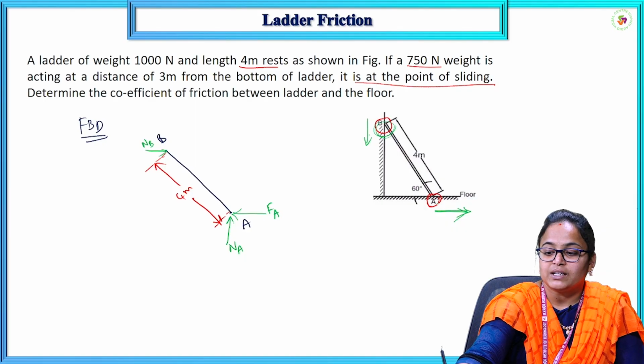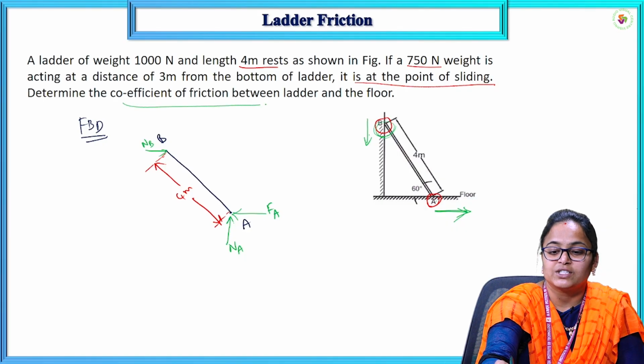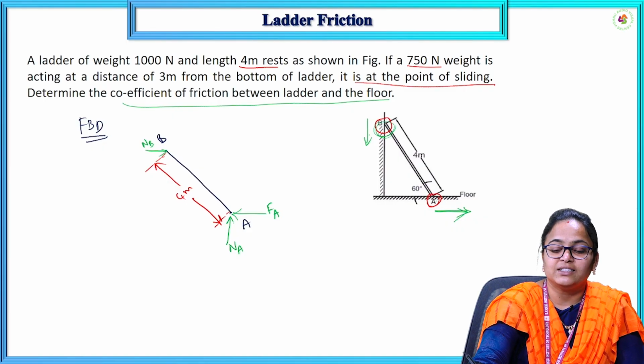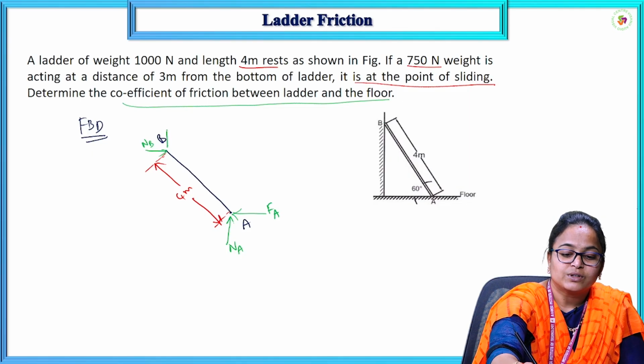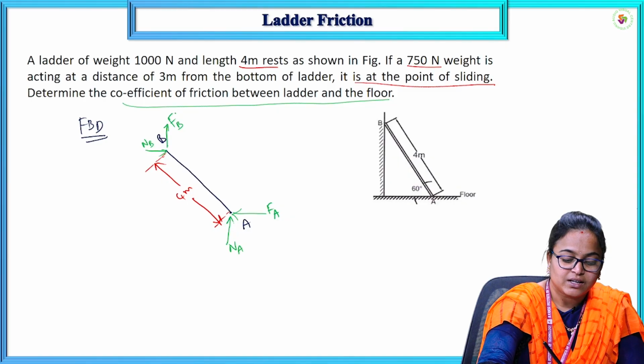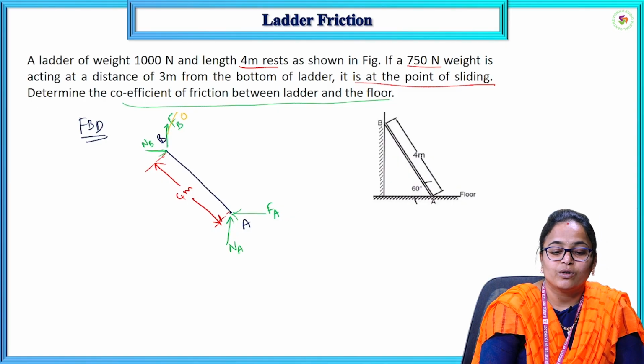But at point A, they are asking us to find the coefficient of friction between the ladder and the floor. So, at point B, there is no case of friction, and FB will be 0 in this case.